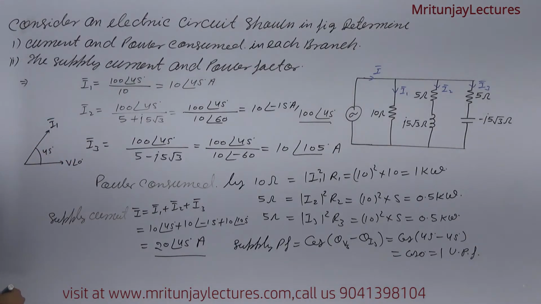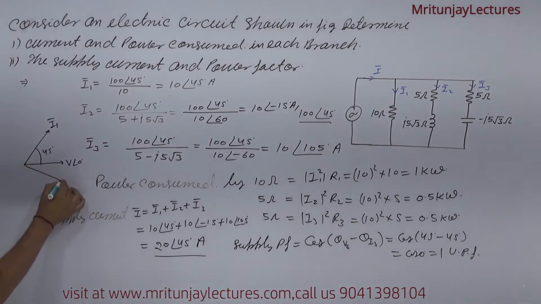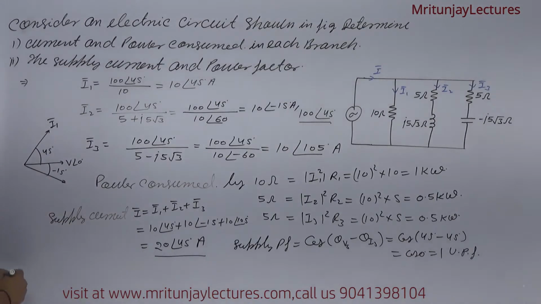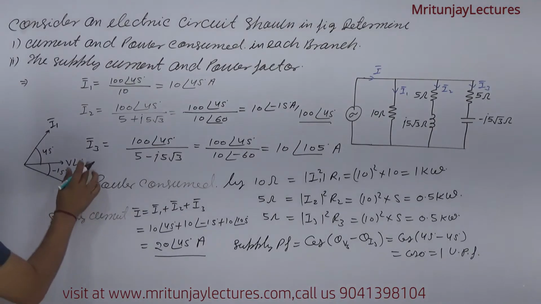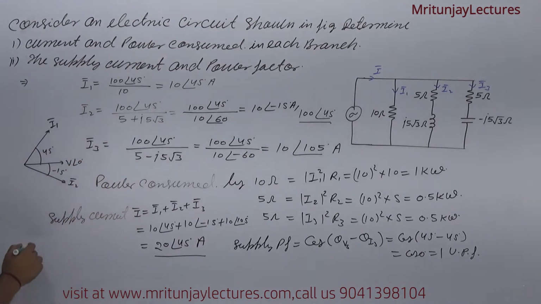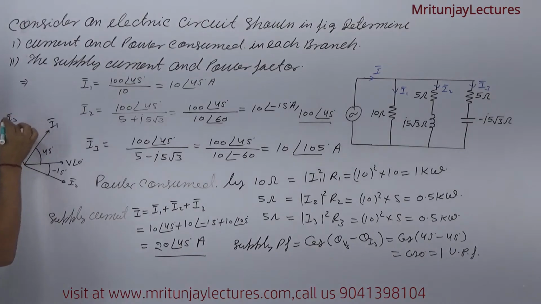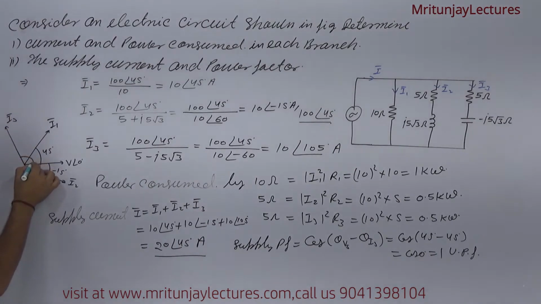What about I2? I2 is minus 15, I2 like this one. Okay, that is I2. And what about I3? That is 105. 105 means like this one, that is I3.